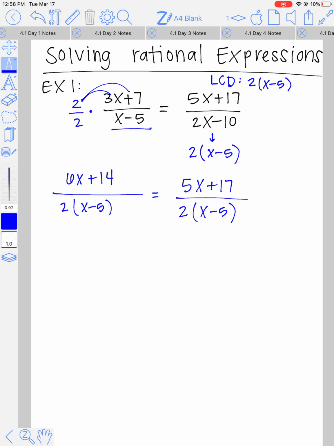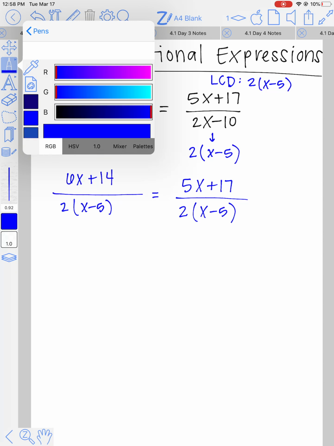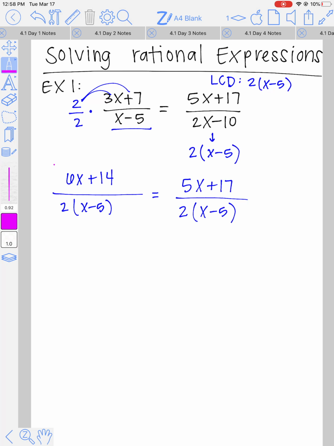The only thing now, we don't like having to deal with the fractions. I know nobody likes fractions, so we're going to take care of that by multiplying by the least common denominator on both sides of my equal sign. So we're going to multiply this left side by 2 times x minus 5 over just 1, sorry.